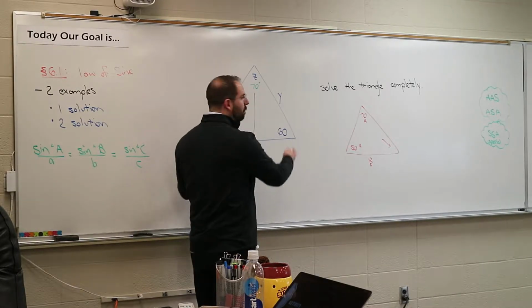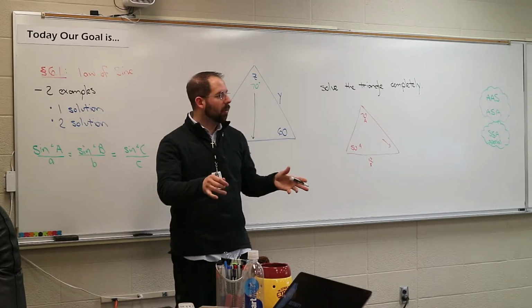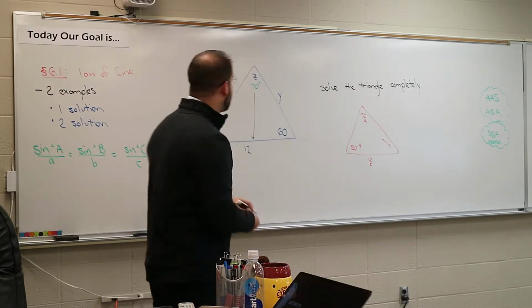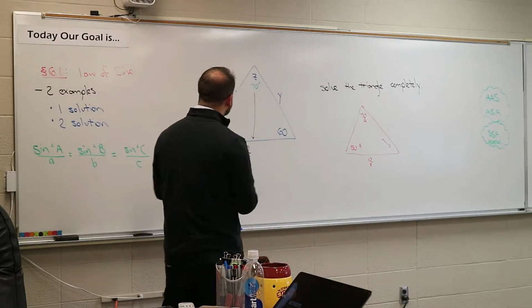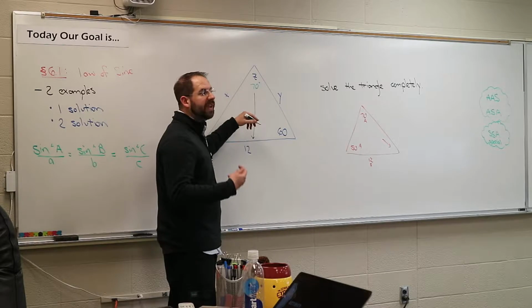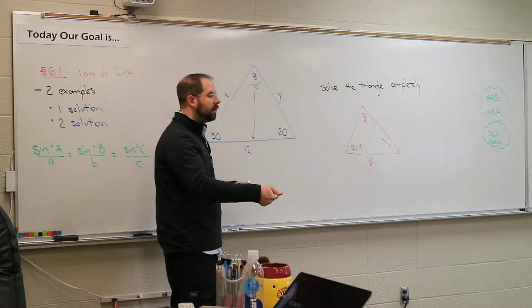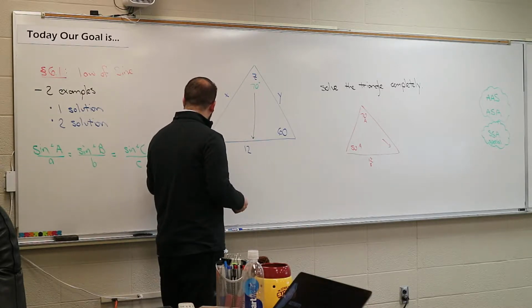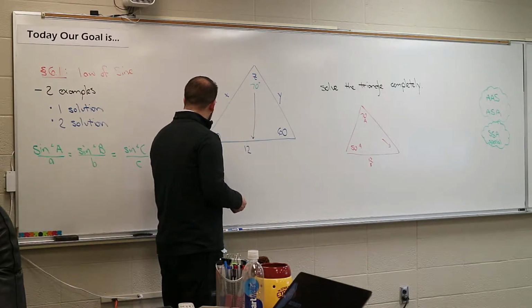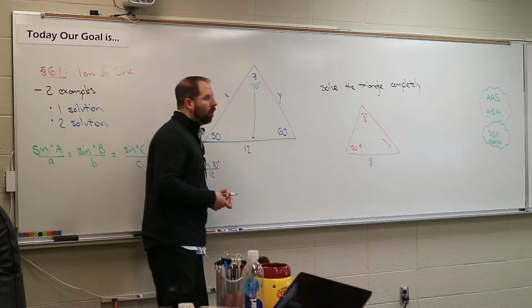Because if I have any other parts of this picture, I'm good to go. I can go find the remaining parts, because this will set up what I call the anchor fraction, where the anchor fraction has both numbers in it. So for instance, sine of 70 over opposite wall.